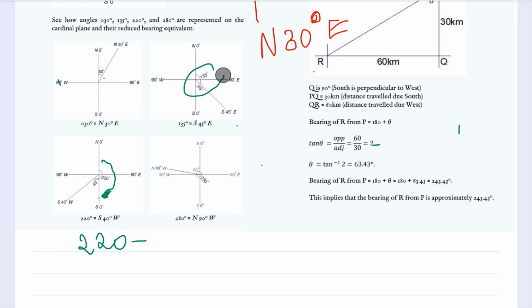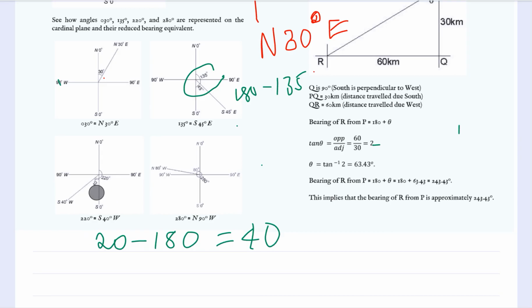We said 180 minus 135. So since this one is past that 180 part, instead of saying 180 minus, it will now be 220 minus 180, which gives us 40 degrees. So that is how we have 40 here, not 50.